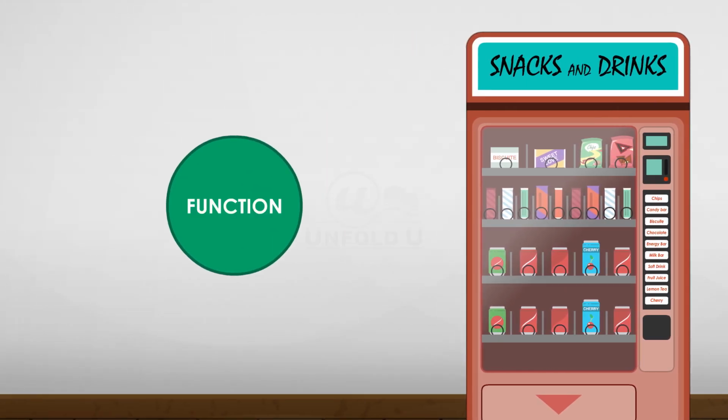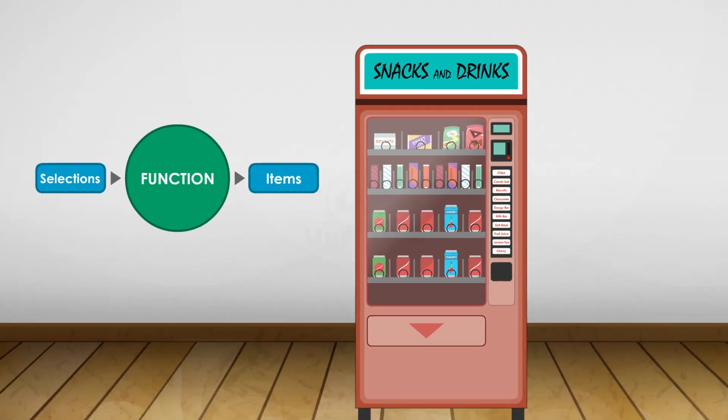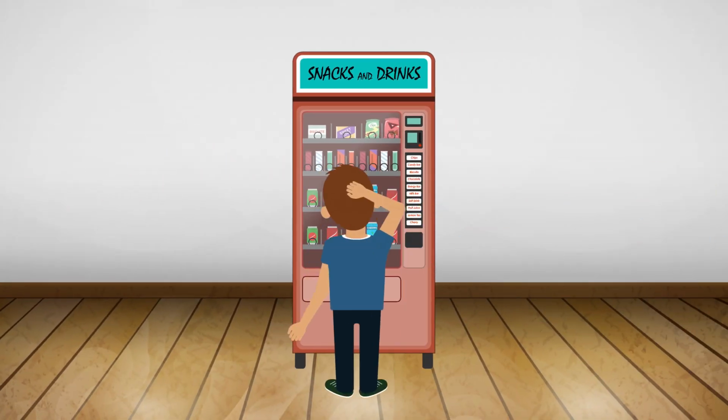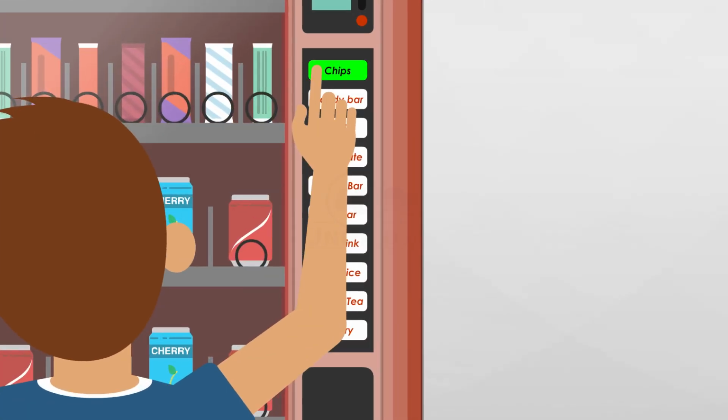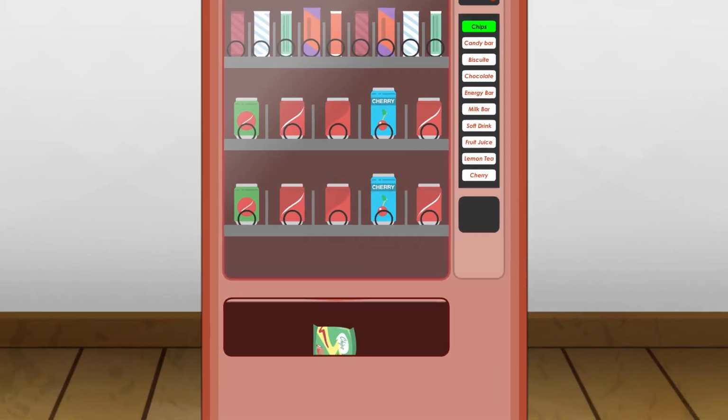A function is a rule that has a unique output for every input. Here, we consider selections as input and the items as output. For example, every time a boy selects the chips button, then the packet will come out from the machine.